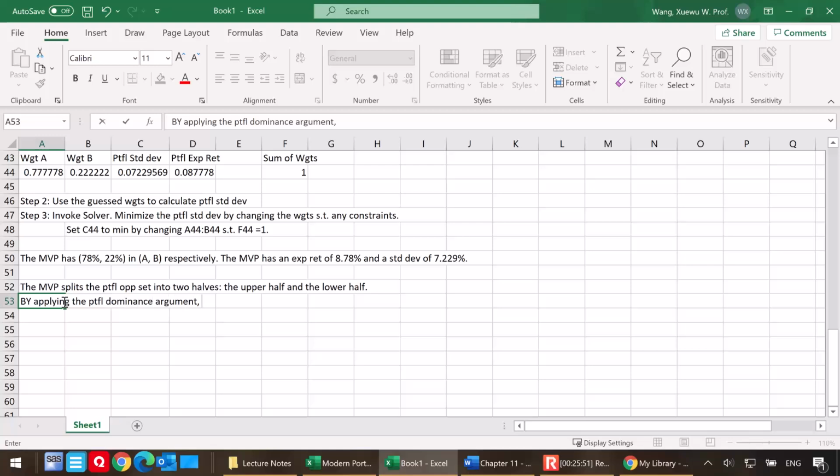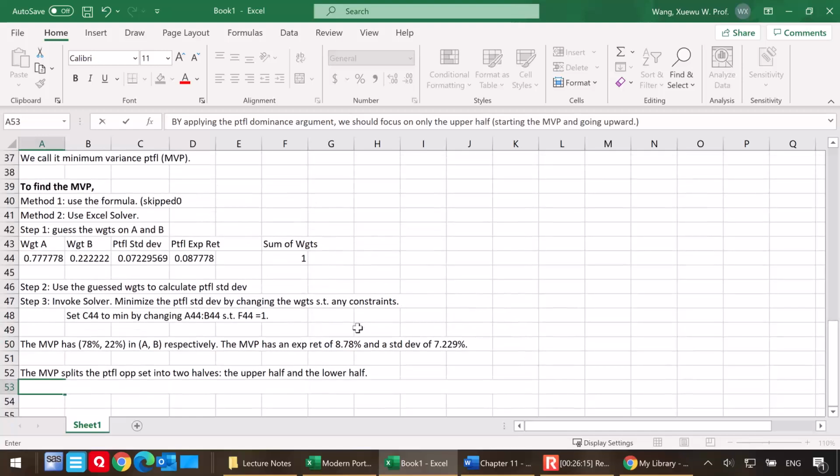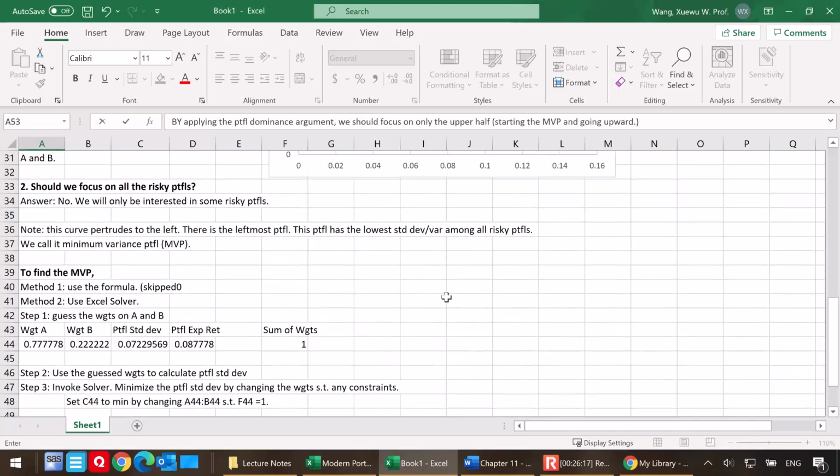By applying the portfolio dominance argument, we should focus on only the upper half. Why is that? That is, starting from the MVP and going upward, in other words, the upper half of the portfolio opportunity set. Because you can actually apply the portfolio dominance argument.